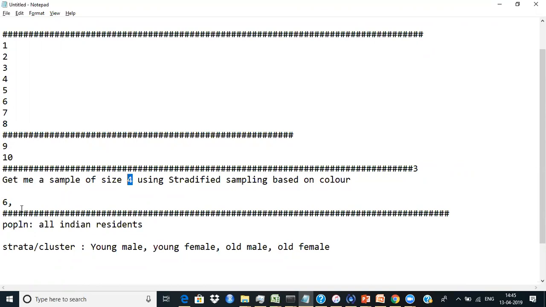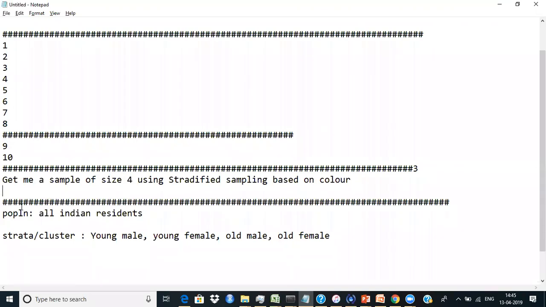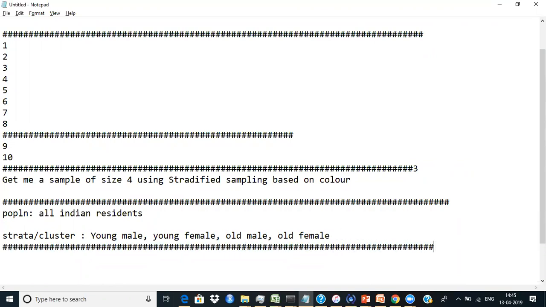Now, having studied all of these mechanisms, the only sampling mechanism that is used in 99.5% of cases will be simple random sampling. Simple random sampling is used because in most cases you will not have the domain knowledge to define the strata or the clusters, right?